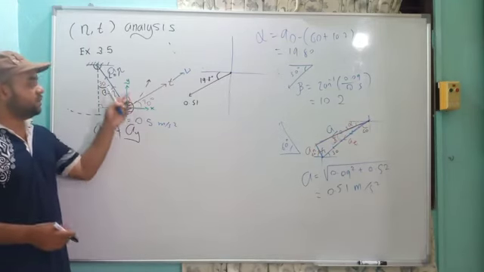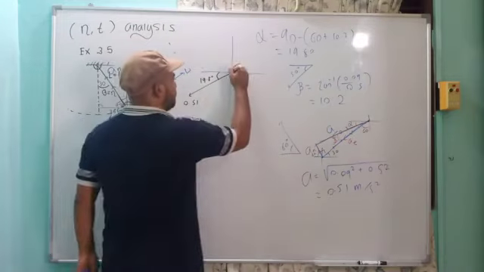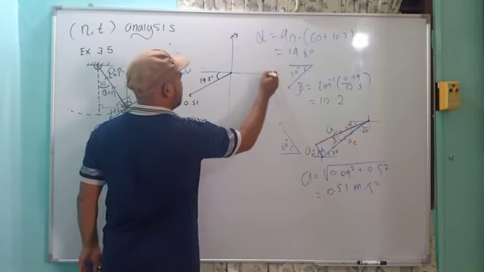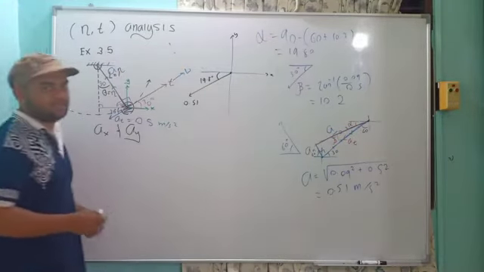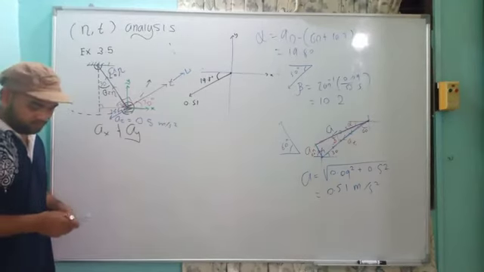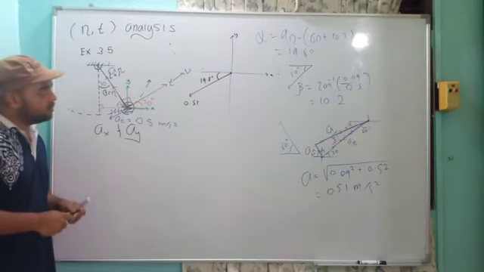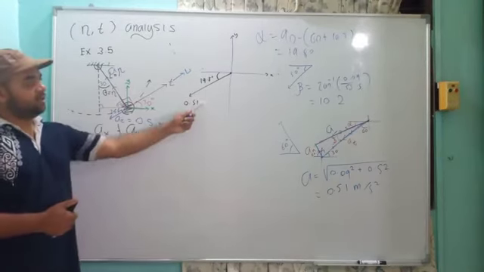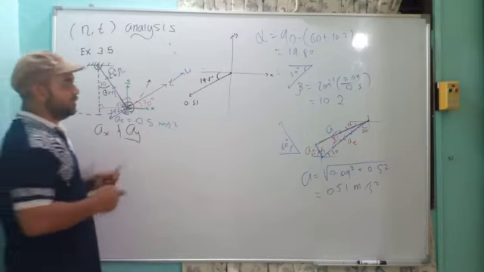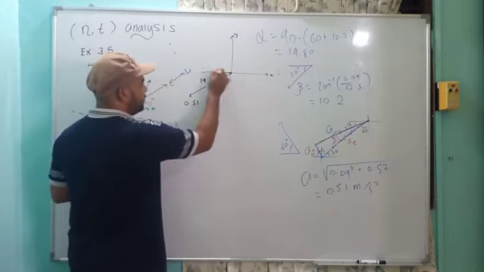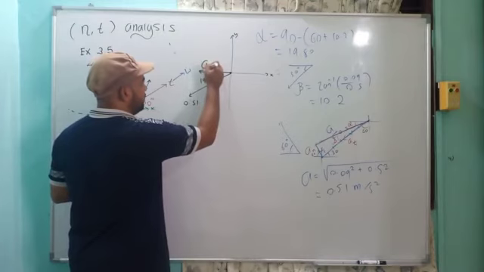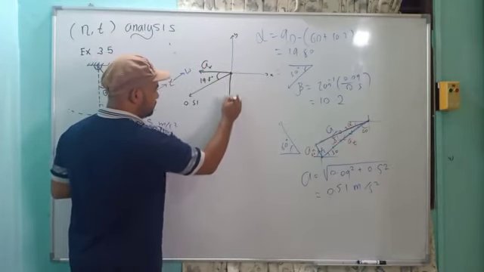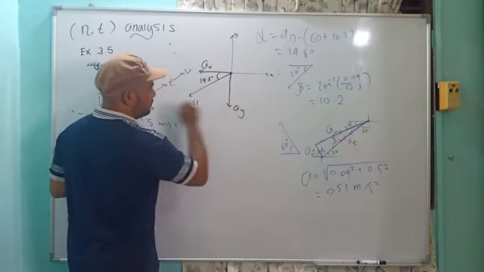You need to resolve into X and Y. So this is positive Y and positive X. You just resolve. You need to maintain the original in between the two axes. So you will have here AX and AY.